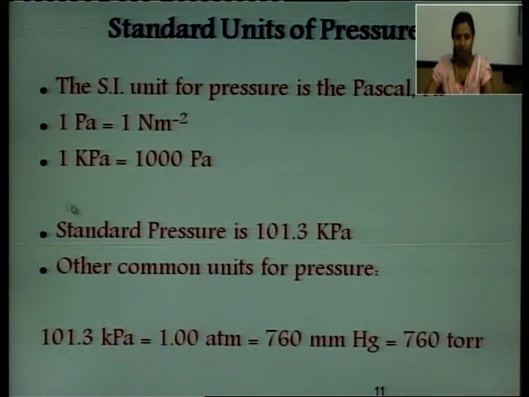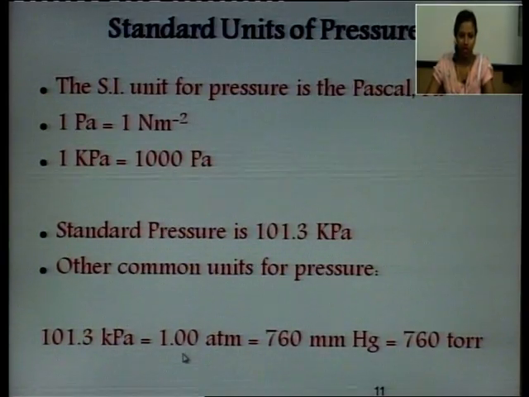The standard unit for pressure is 101.3 kilopascal, and it is equal to 1 atmosphere, which is equal to 760 millimeter of mercury.